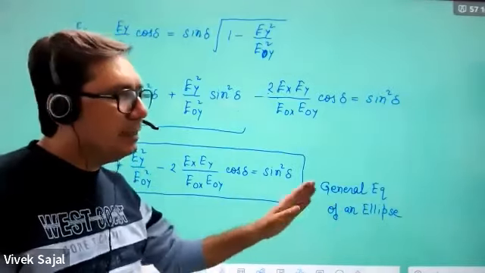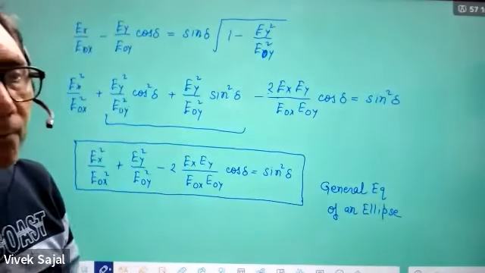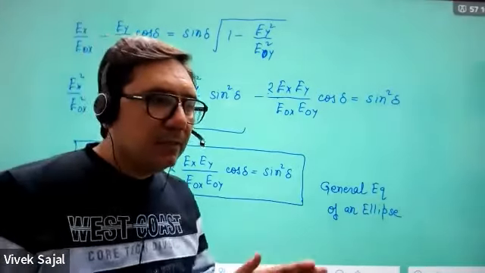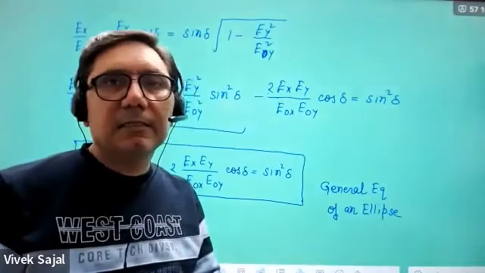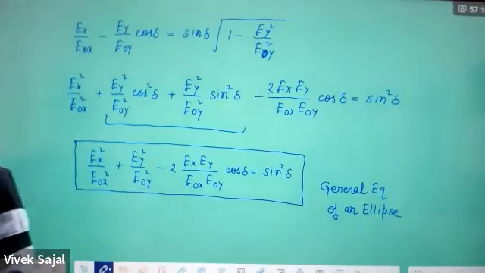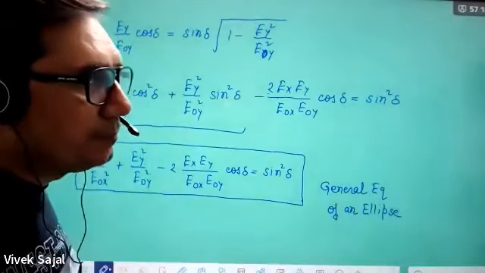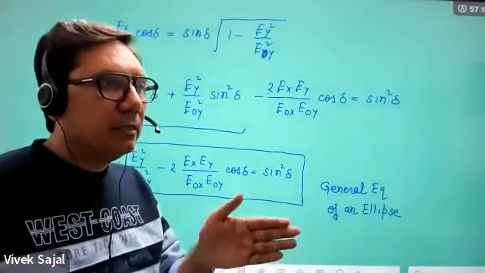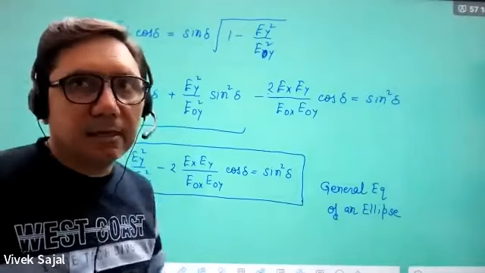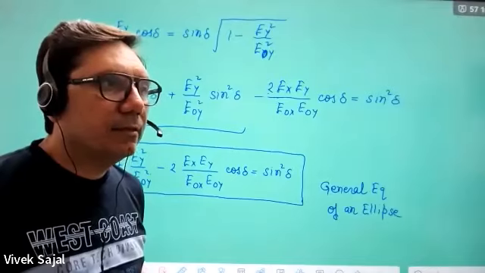So you can write here, it means in general, emergent light will be elliptically polarized light. ठीक है? Full stop.